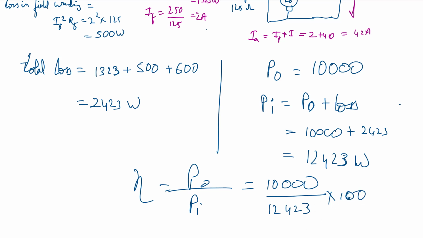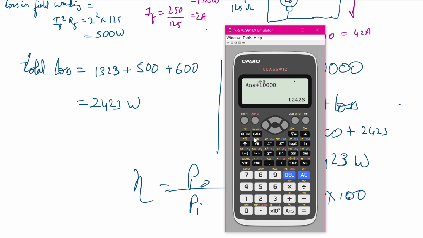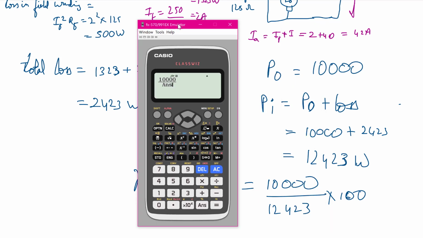So we have this: 10 kilowatt divided by the answer, that is 12423.